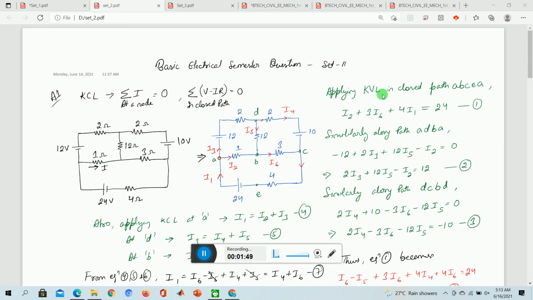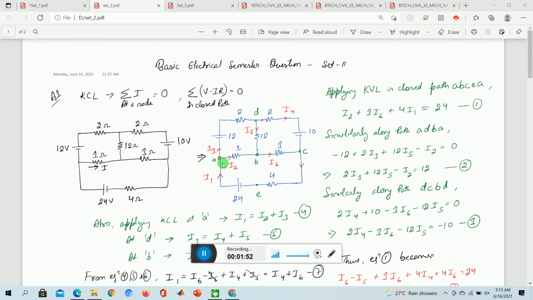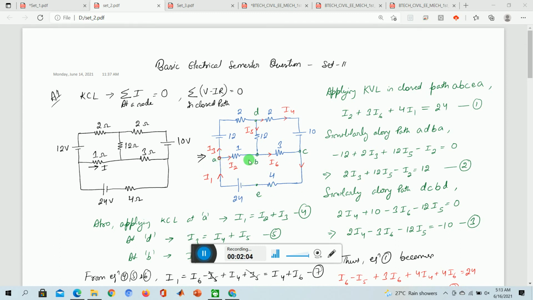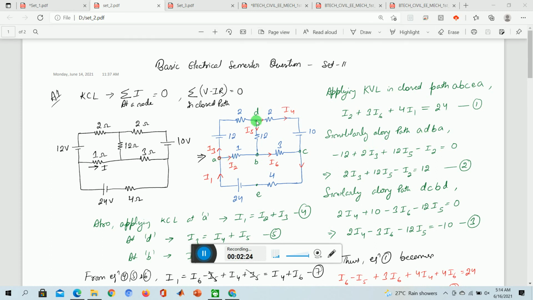So applying KVL in a closed path, that is A, B, C, E, then A, and in this path, what is I2 first, I2 into 1, then I6 into 3, then 4 into I1 is equal to 24.